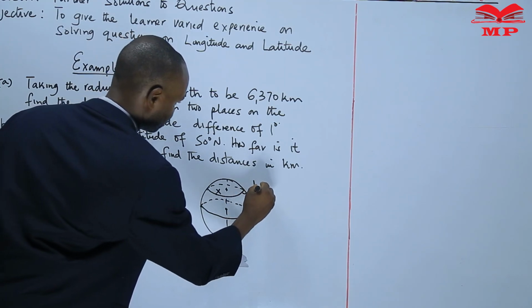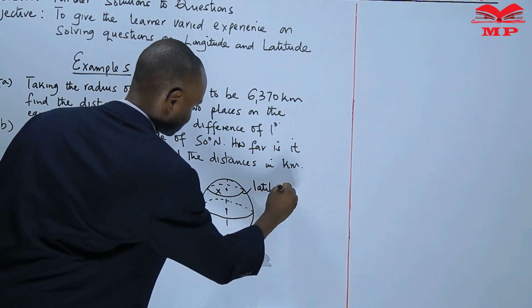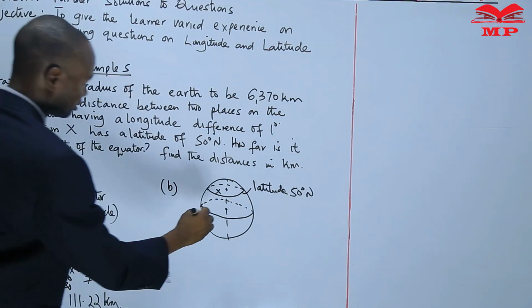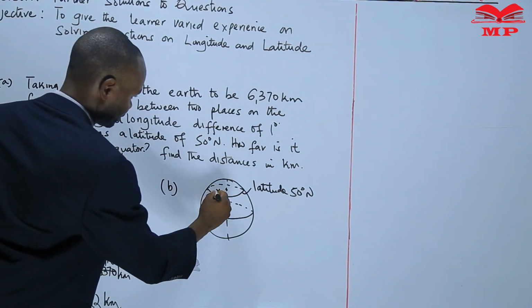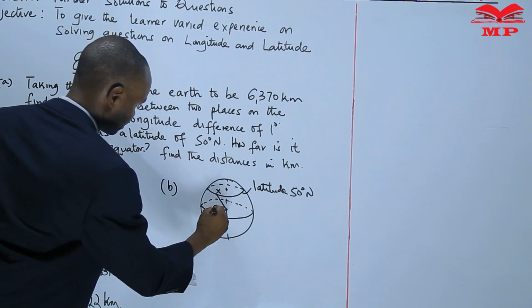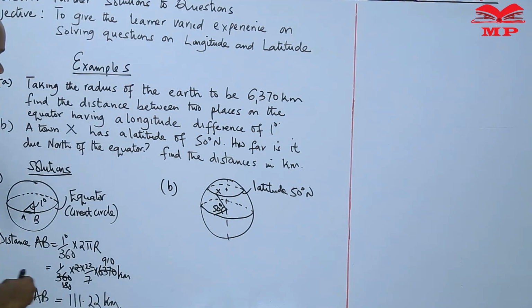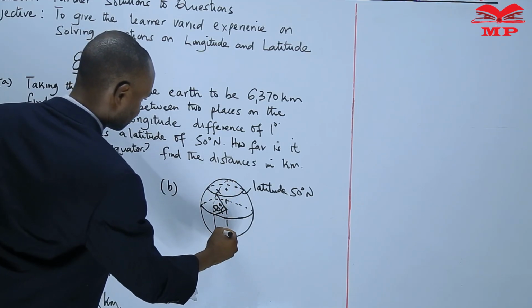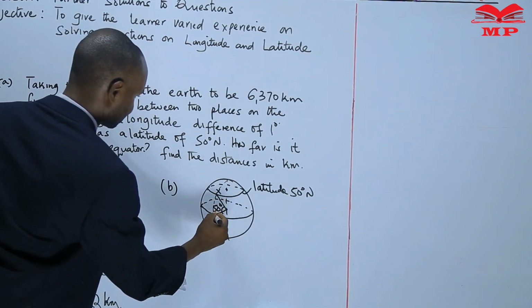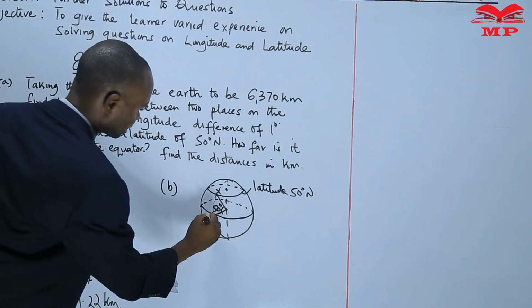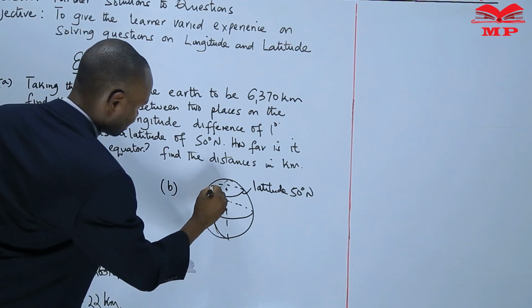This is latitude 50 degrees north, and you can even show it. So they are asking how far is it from the equator? You can denote that distance by A, B.